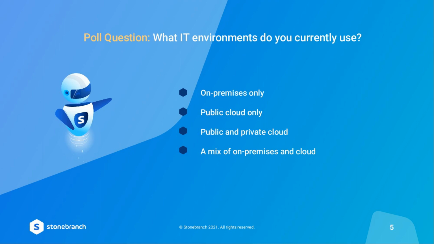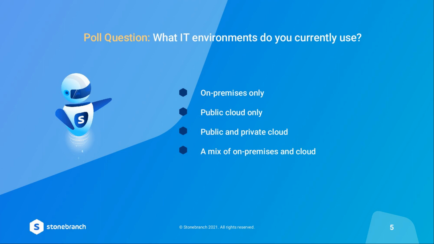It looks like on-premises only got 15% of the responses, public cloud only 10%, public and private cloud another 10%, and a mix of on-premises and cloud was by far the majority with 65%.